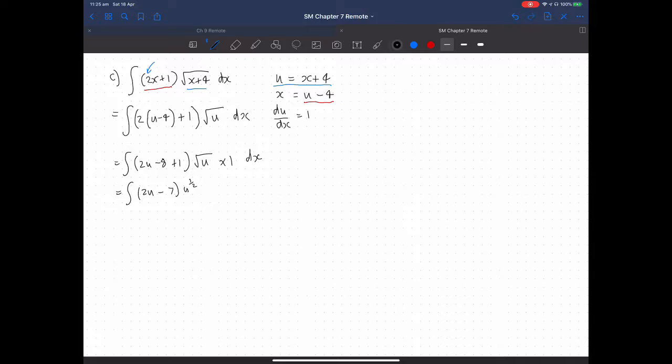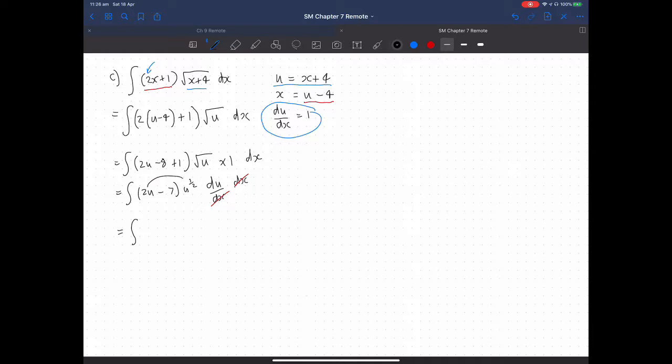Now we've multiplied by 1, so we haven't changed the problem, but what we do know is that du/dx is equal to 1. So we're going to substitute du/dx where the 1 is. So we get du/dx times dx. In effect, the dx's have cancelled. So we're now going to multiply out our brackets.